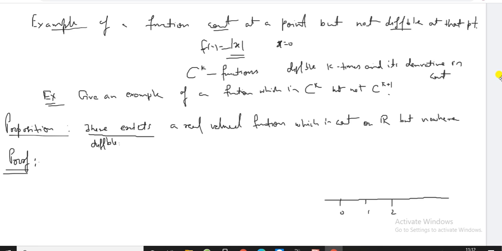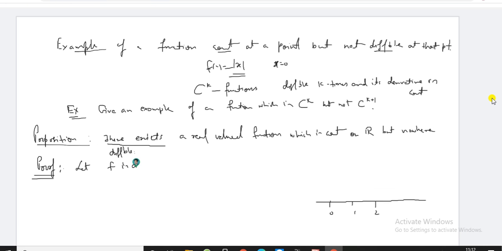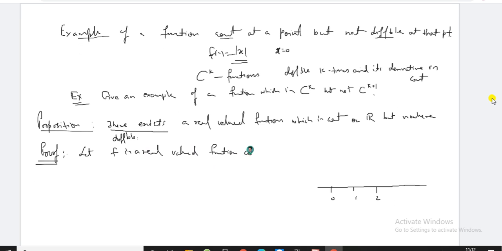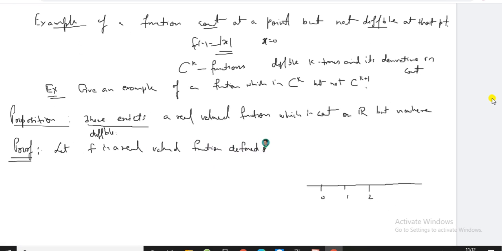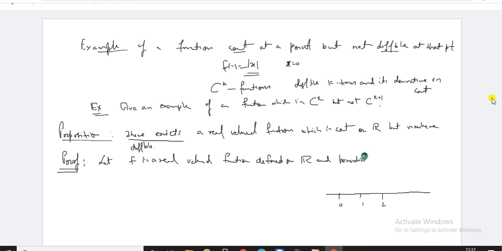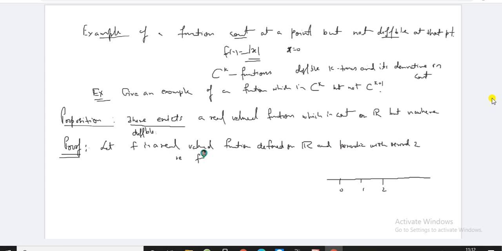So suppose f is a real valued function defined on R and periodic with period 2, that is f(x plus 2) is equal to f(x) for all x in R. A function is said to be periodic with period L if f(x plus L) is equal to f(x) for every x belongs to R.